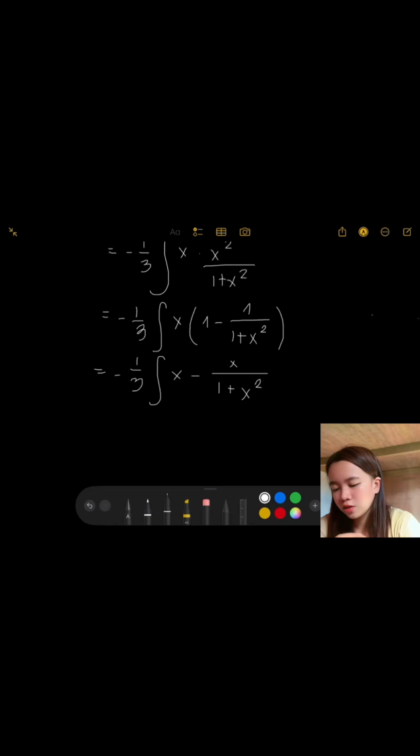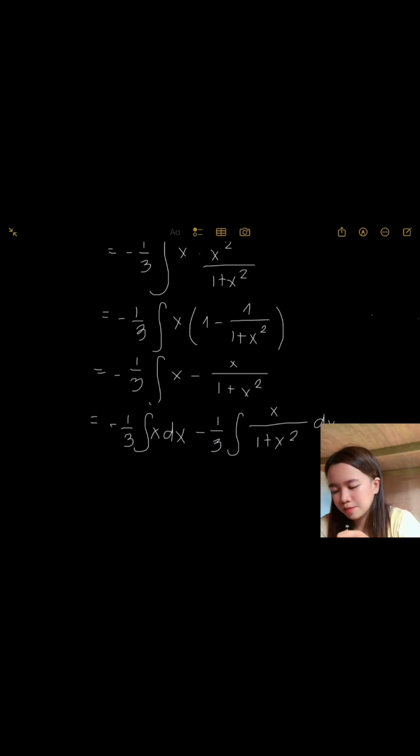So this equation now can be integrated. So we will just separate these two. So it will become 1/3 integral of x dx minus 1/3 integral of x over 1 plus x squared dx.